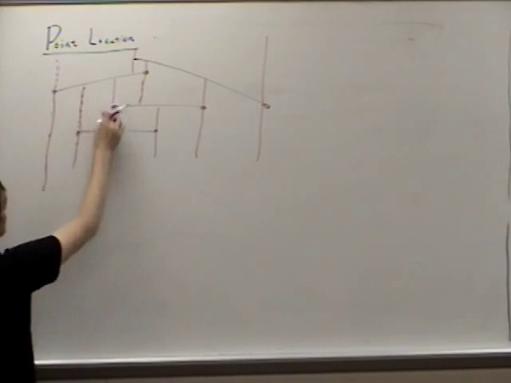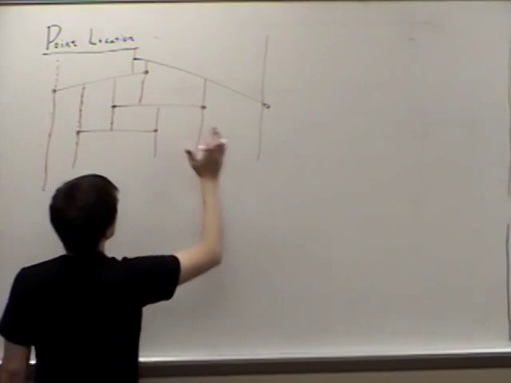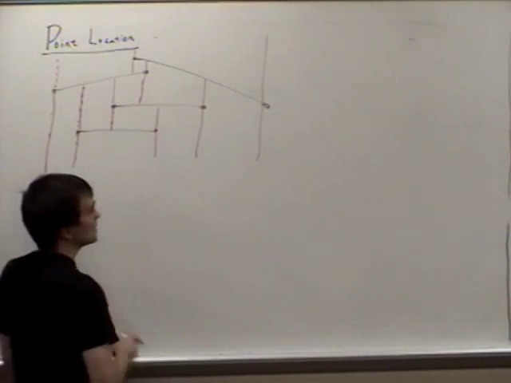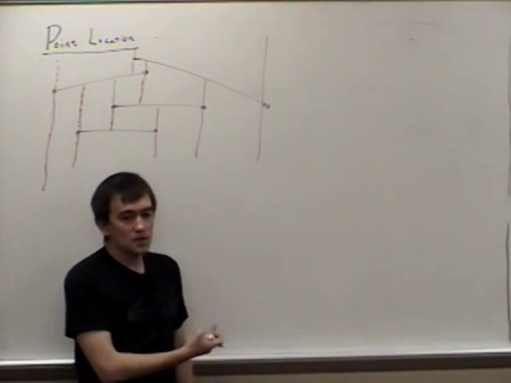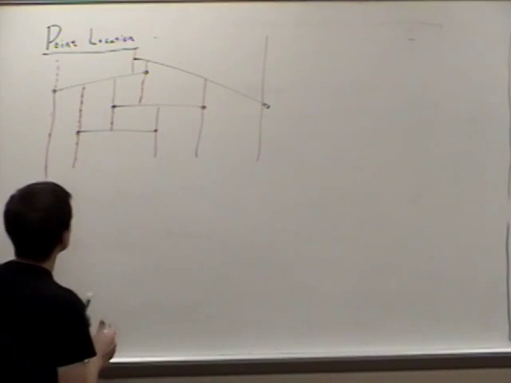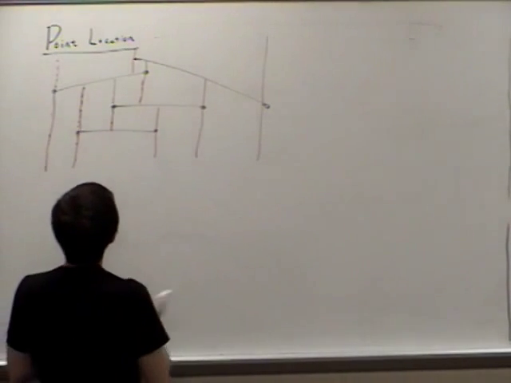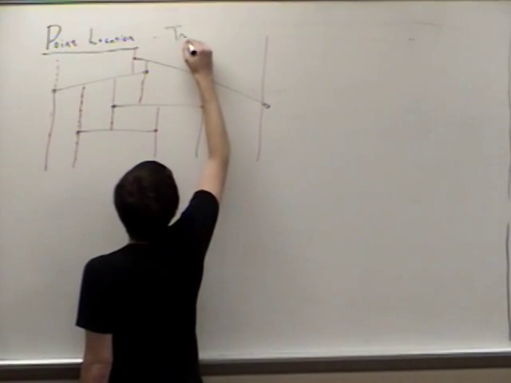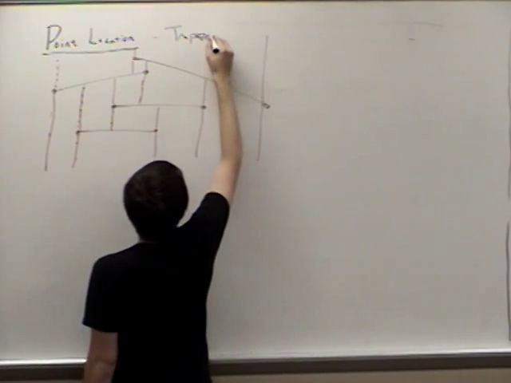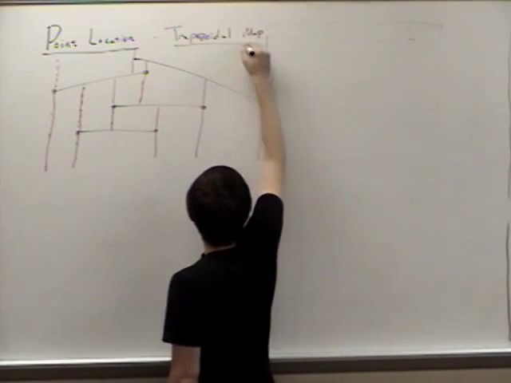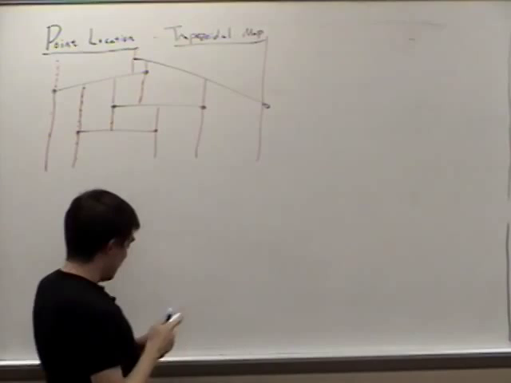Well, if you look at each of these little tiles, or cells, that are left when you apply the subdivision, they have parallel x sides, right? And so they're all trapezoids. This is the idea. I should probably write up here at the top, trapezoidal map.